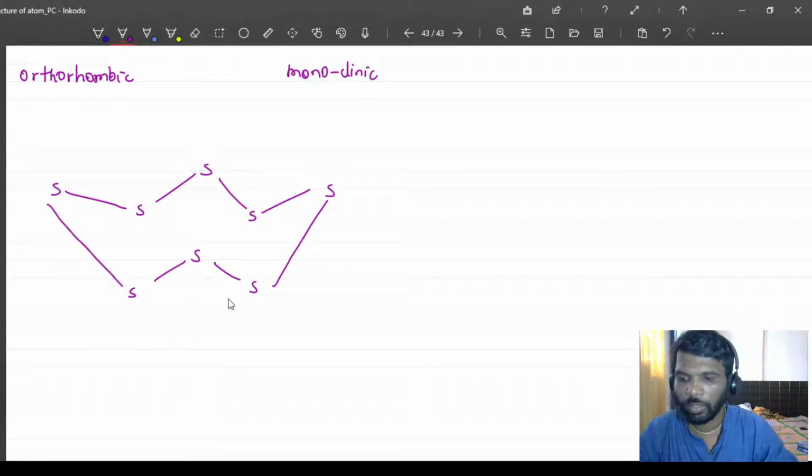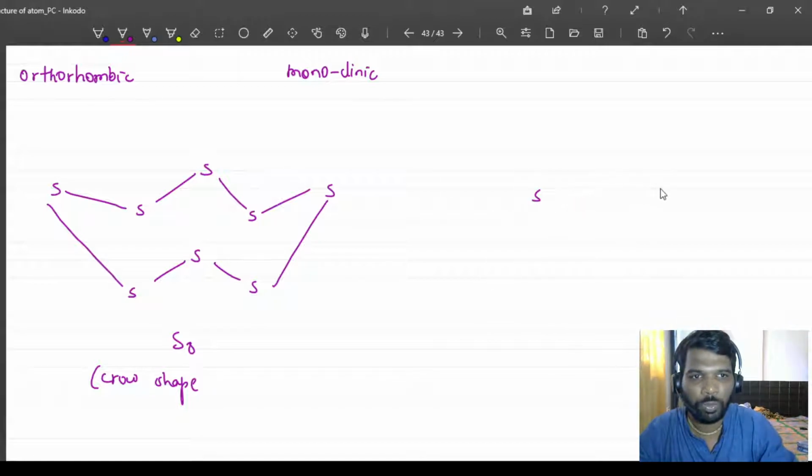Three, four, five, six, seven, eight sulfur are there. This is the S8 structure. This is called crown shape. The other, S6, exists in a chair form, means there is an S over here, S, and this is S.